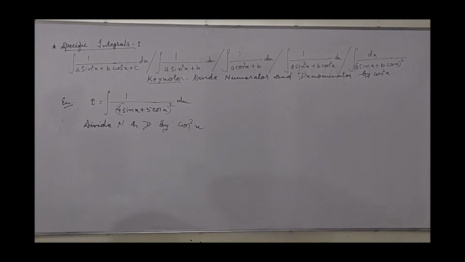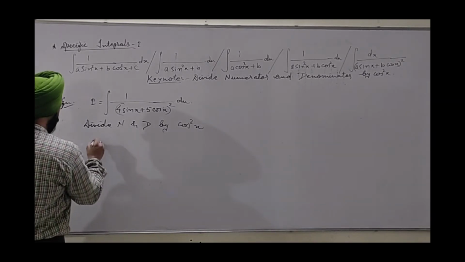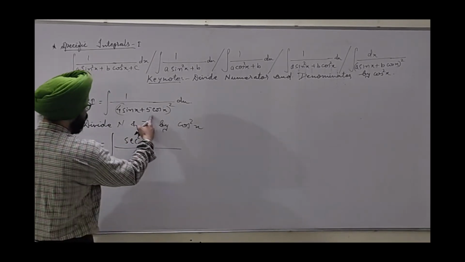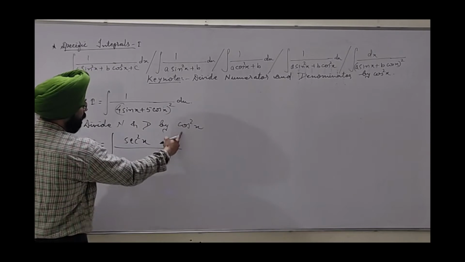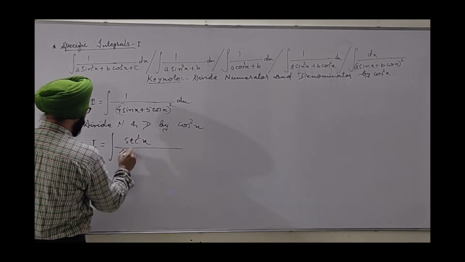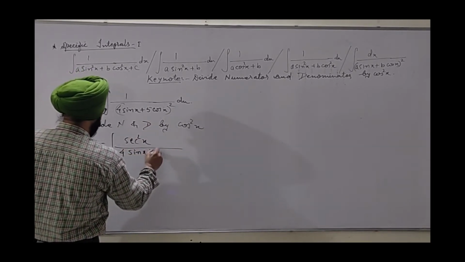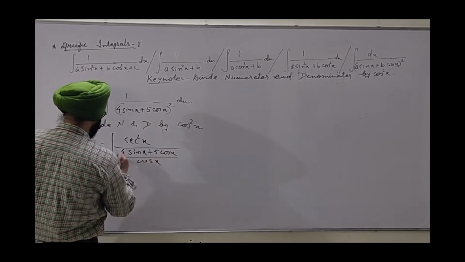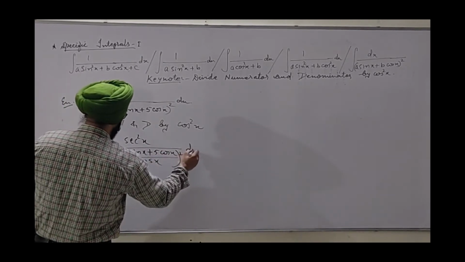As a change, in the numerator we will get sec square x, but in the denominator, when we use this cos square, being a square, it goes inside the bracket like (4 sin x plus 5 cos x divided by cos x) whole square.